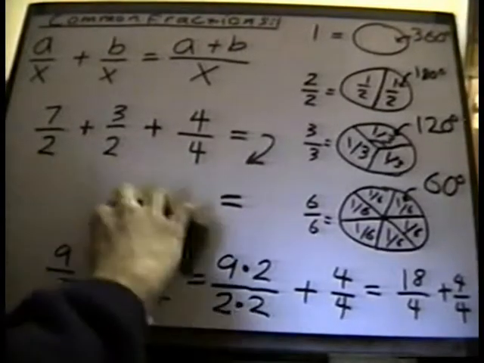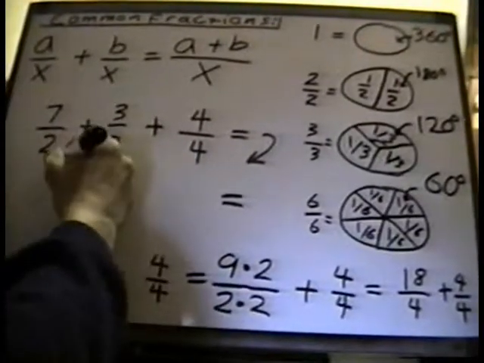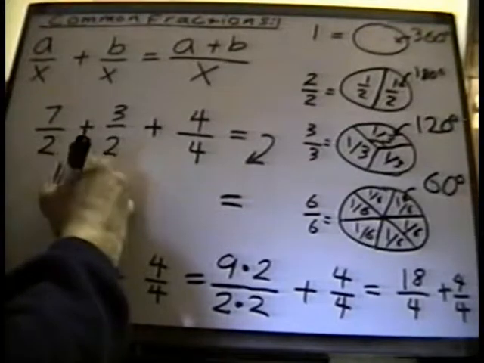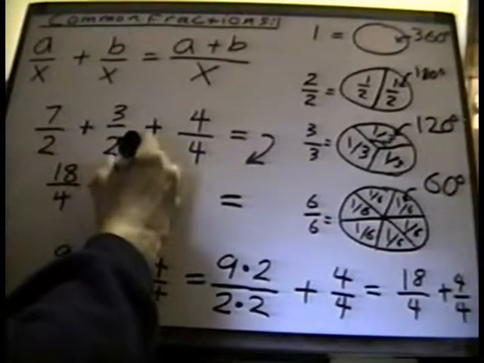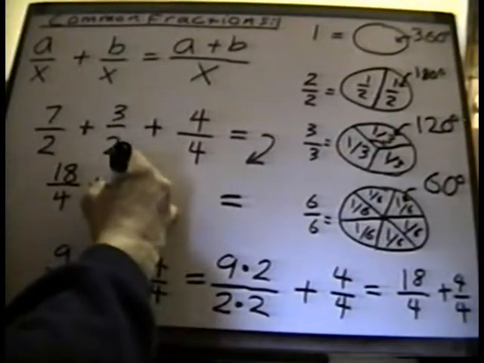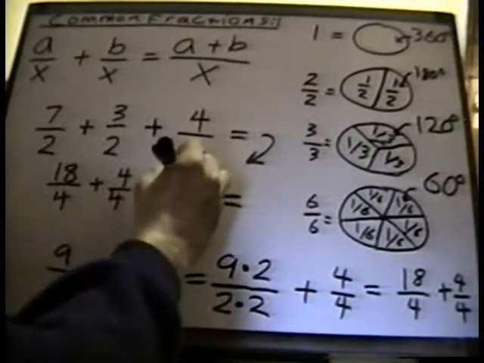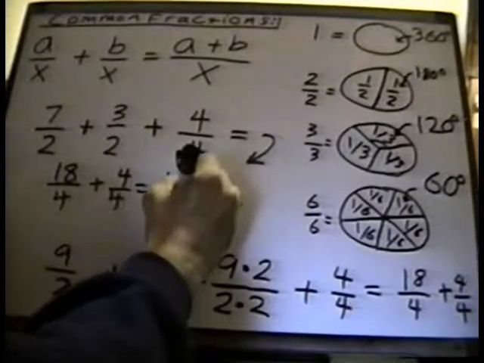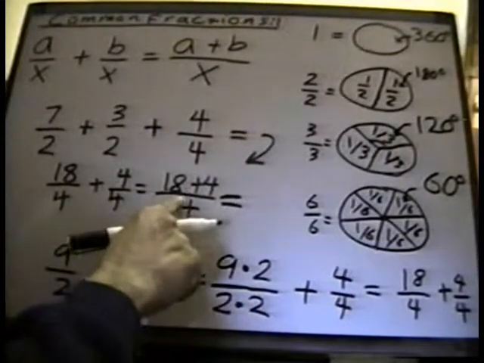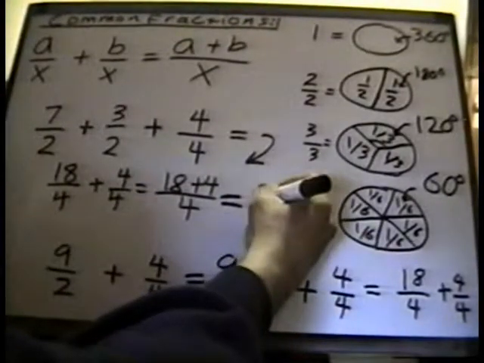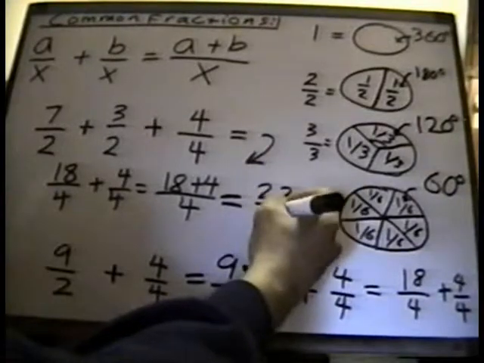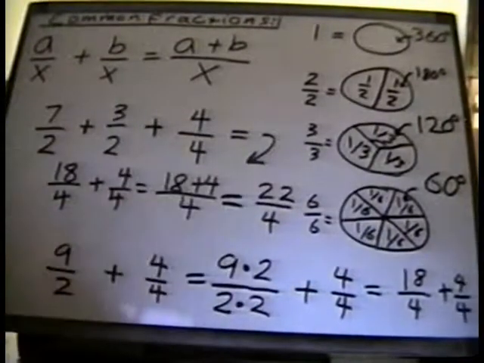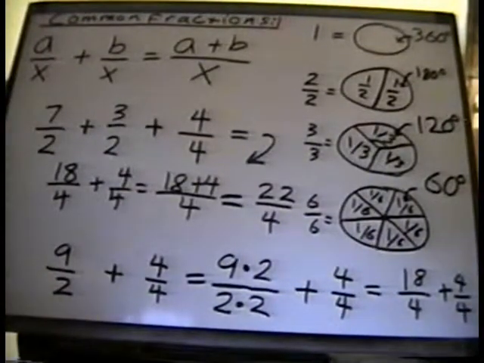Okay? So we get 18 fourths plus 4 fourths. So that's 18 plus 4 over 4. That's going to give us 22 fourths. That gives us 22 fourths.